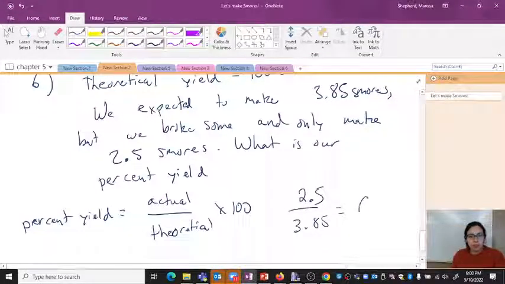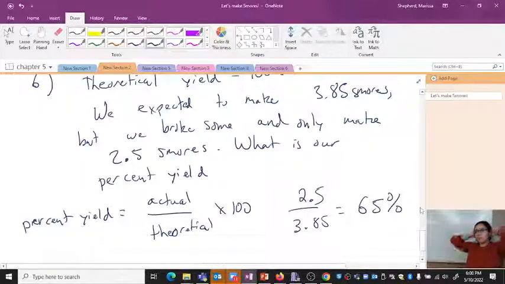Maybe what happened, the reason they only got 2.5, is first they accidentally ate the remaining 0.8, and then after they made the finished product, they accidentally ate half of it. So that's why we only have 2.5. The possibilities are endless of what could go wrong. And of course, in the lab, that's where you start writing what went wrong, especially once we start doing more manipulations.